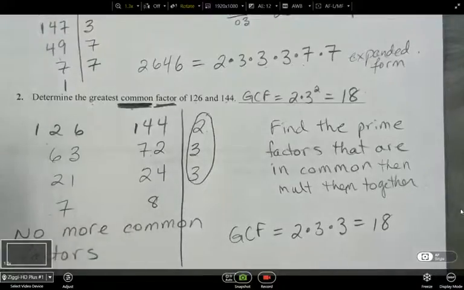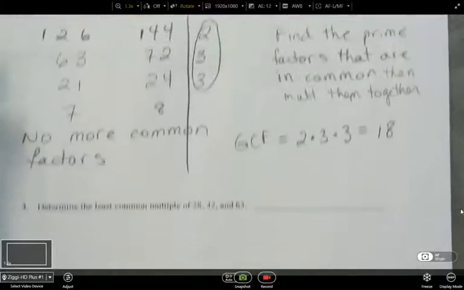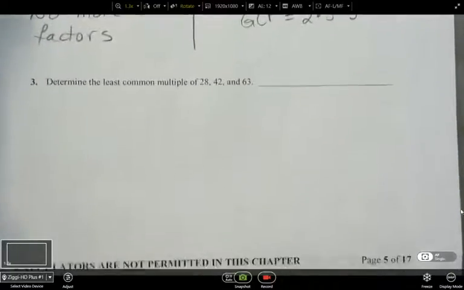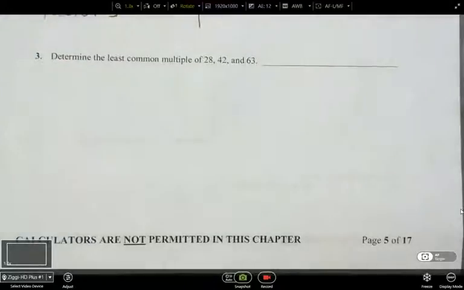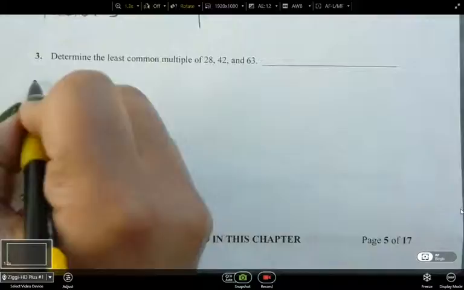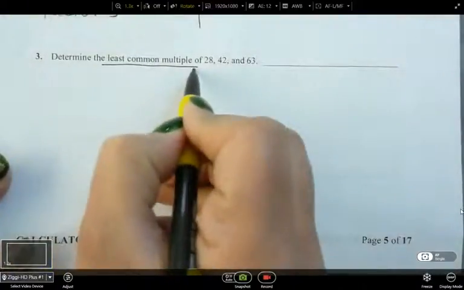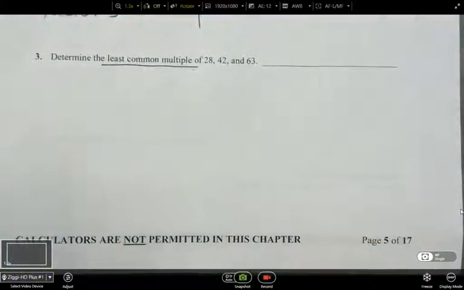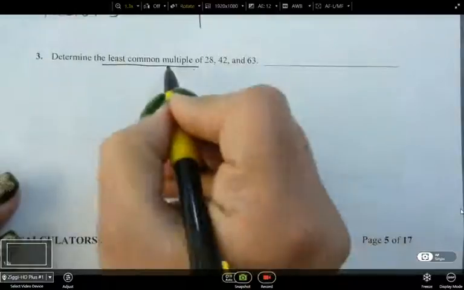All right, so now we're going to look at the lowest common multiple. I've got 3 numbers here. First let's look at what the definition of lowest common multiple is. What is multiple equivalent to? Multiply.